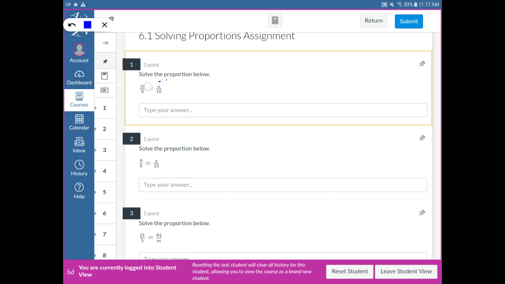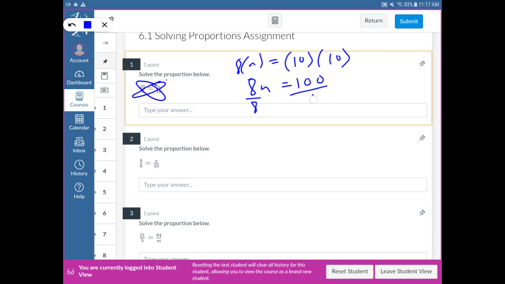You cross multiply, so this will be 8 and n. So you have 8 times n equals 10 and 10, so 8n equals 100. Divide by 8, you get n equals 12.5.